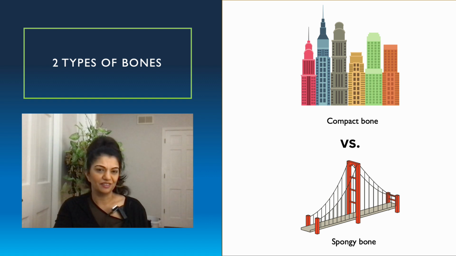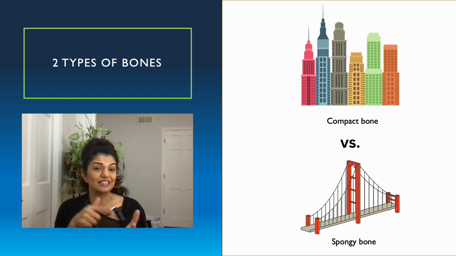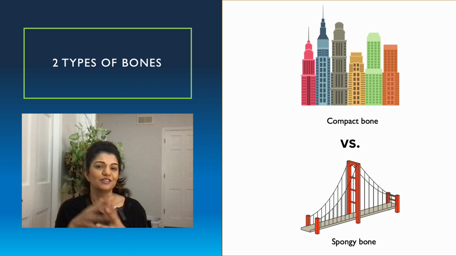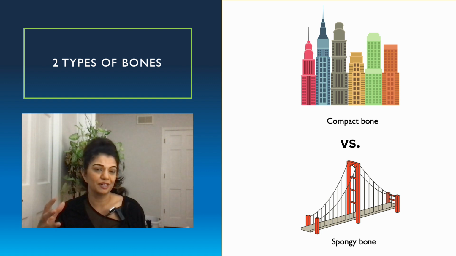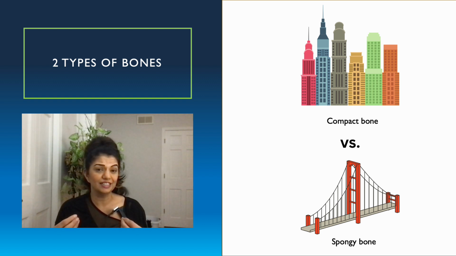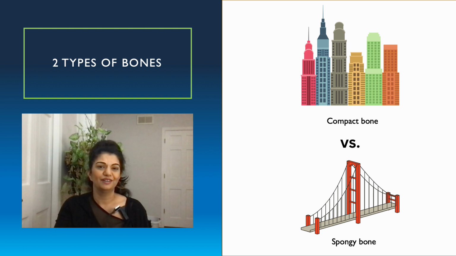And then spongy bone, on the other hand, is going to be a lightweight, crisscross structure, like the Golden Gate Bridge, for example, and the crisscross structures that you're going to see in spongy bone are called trabeculae, which I'll show you in a bit. So it's kind of like cables of a suspension bridge, and it distributes weight. It's very functional, very effective, but still very light, right? So just a little visual to help you remember.